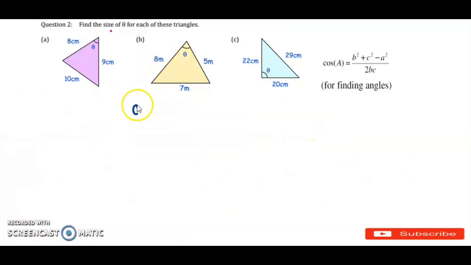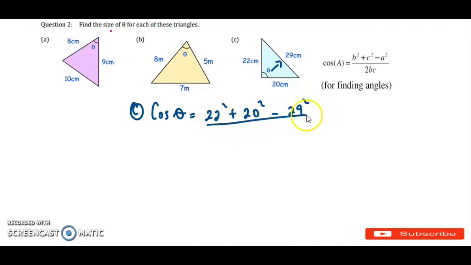We are now going to look at C, and here we have our angle, and we're going to have cos theta is equal to, so we're going to identify which of the sides is directly across from the angle, and that is what we're going to use for A. So cos theta would be equal to 22 squared plus 20 squared minus 29 squared, and you're going to divide that by 2 times 22 times 20.